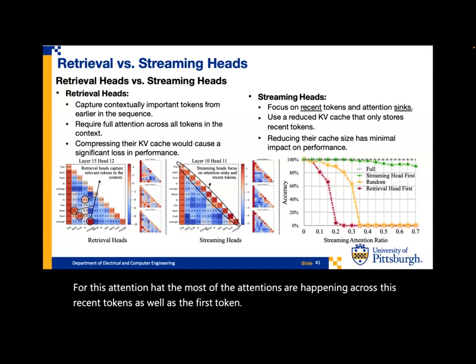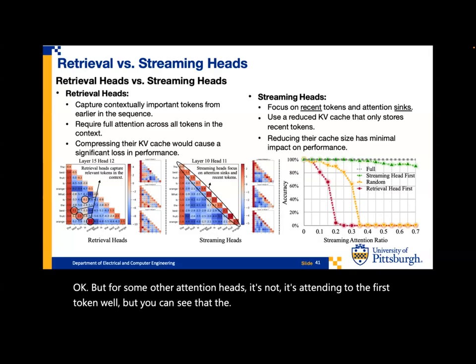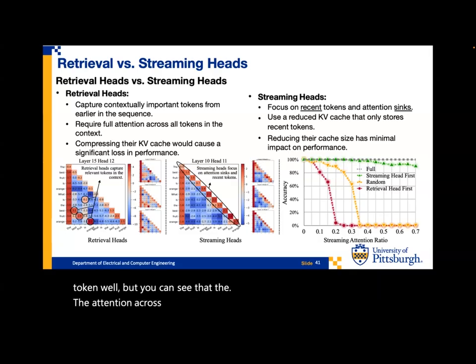But for some other attention heads, it's not. It's attending to the first token, but you can see that the attention across the recent conversation is relatively low, and the more important attention is happening in other places.